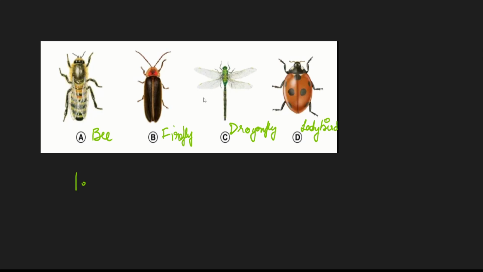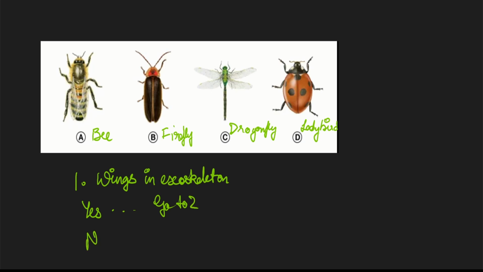We could classify it based on the exoskeleton. So, are the wings in the exoskeleton or not? If it's yes, we'll go to 2, and if it's not, go to 3. So in question 2, if the wings are in the exoskeleton, we'll be comparing the ladybird and the firefly.